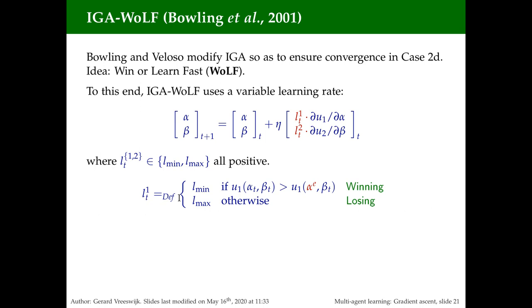Then the idea is to define the learning rate for a certain player. Well, without loss of generality, we choose for the first player that the first player chooses the slow learning rate if his payoff at that point is larger than the payoff at that point where the mixed strategy of your opponent remains equal, but he replaces his mixed strategy by the mixed strategy of a Nash equilibrium, any Nash equilibrium.